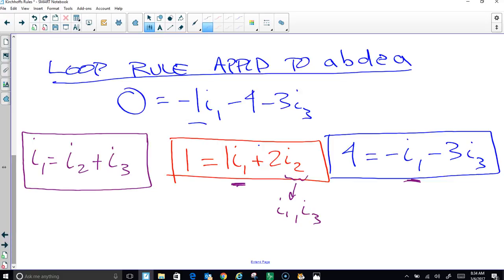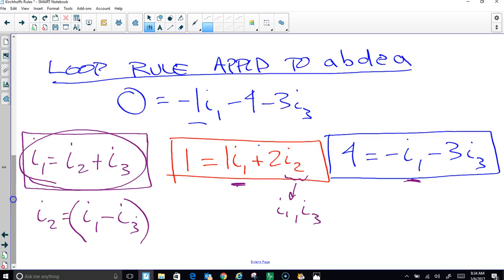So I'm going to take this and solve it for I2. I2 is equal to I1 minus I3. Now I'm going to substitute it in for I2, with the goal being that both this equation and this one will then be in terms of I1 and I3. And I'll have 2 equations with 2 unknowns, and I'll be able to solve it.